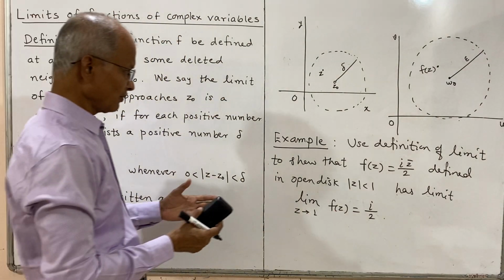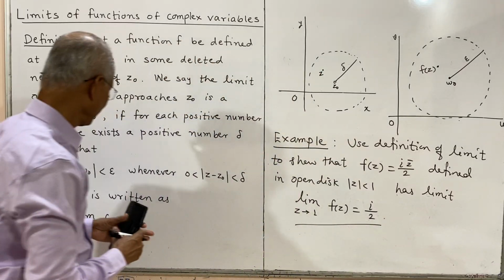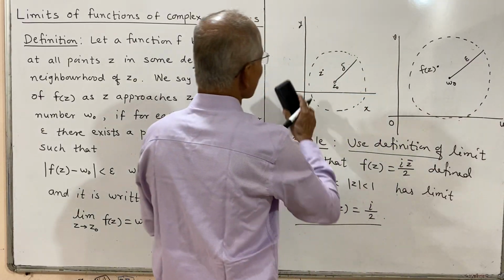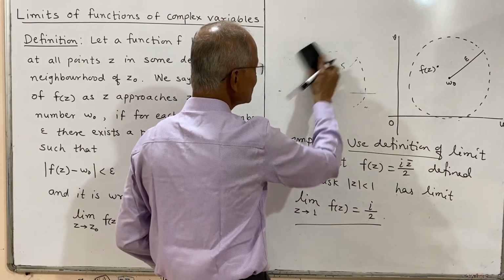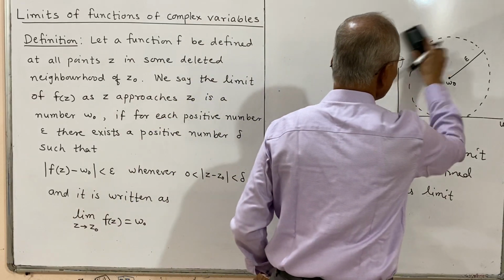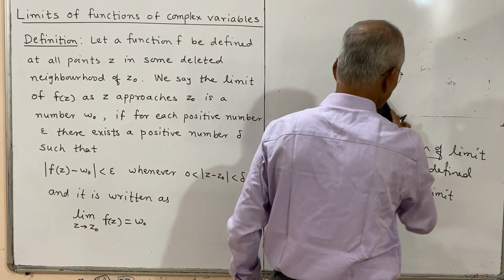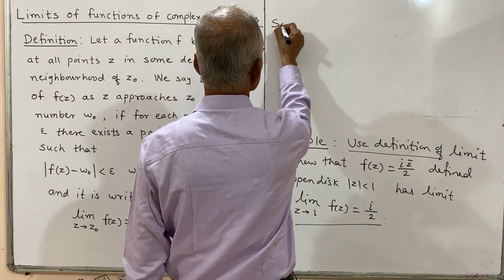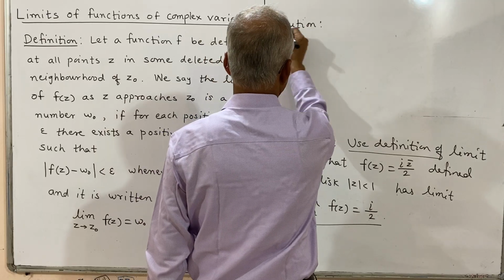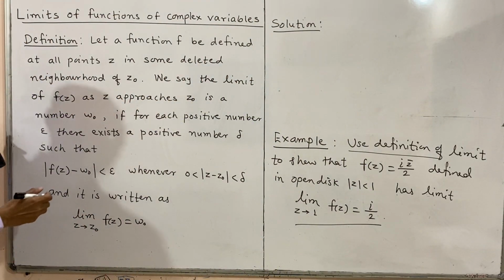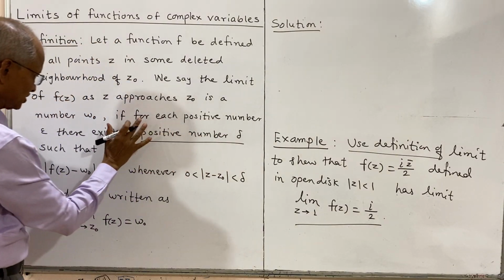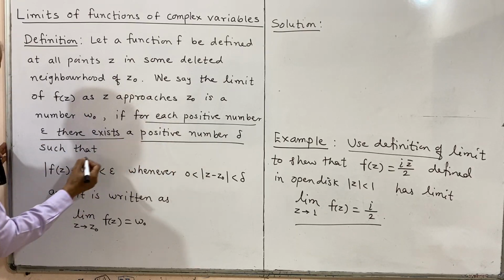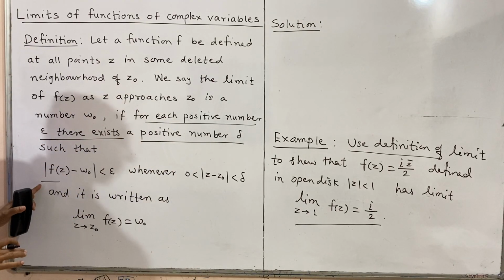Now we shall show this limit using the epsilon delta definition. So here we are asked to use the definition, and now the solution: how to use the definition to show the limit of a function. What we need to find is the value of delta. This condition must be satisfied: for each positive number epsilon, there exists a positive number delta satisfying this condition.